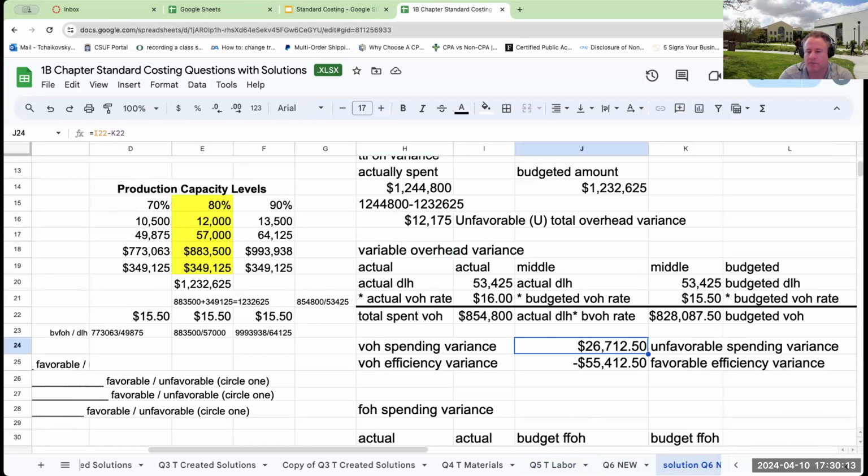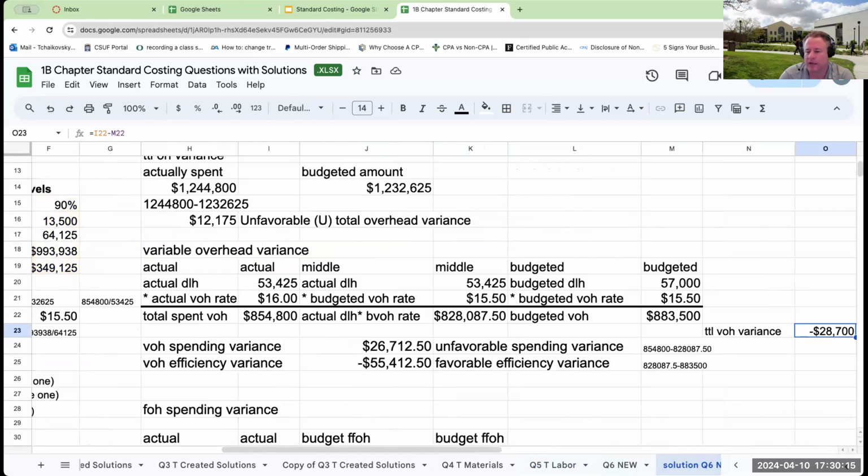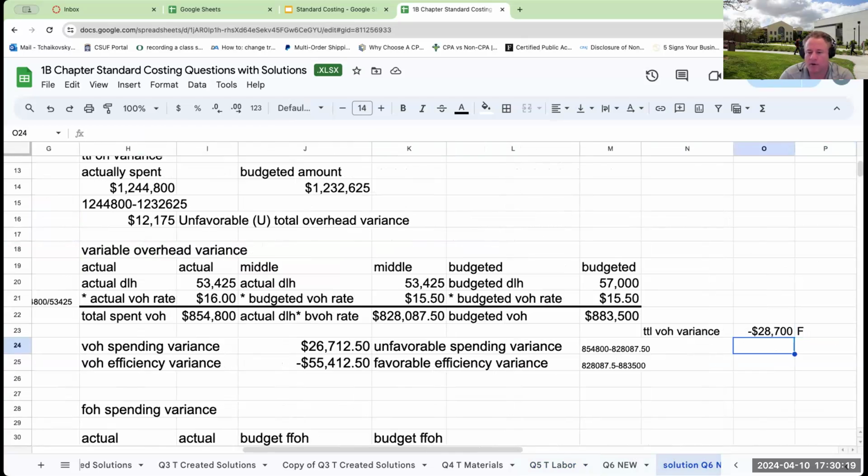Same concept though. So I first figured out what the total variance was, or 854,800 minus my budget of 883,500. That was my total variable overhead variance, but it's made up of two parts: my variable overhead spending and my variable overhead efficiency.